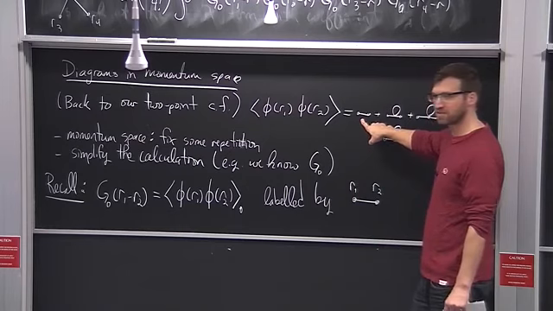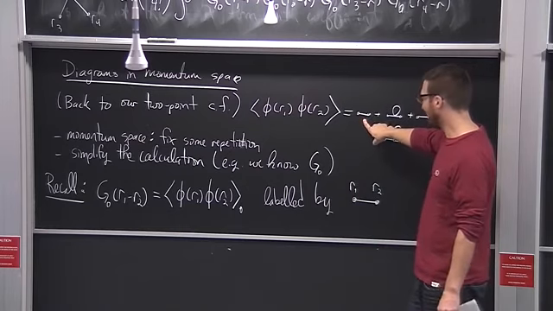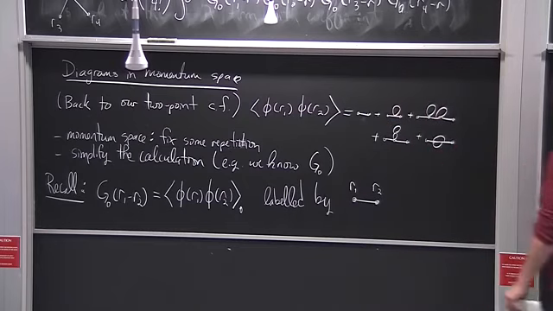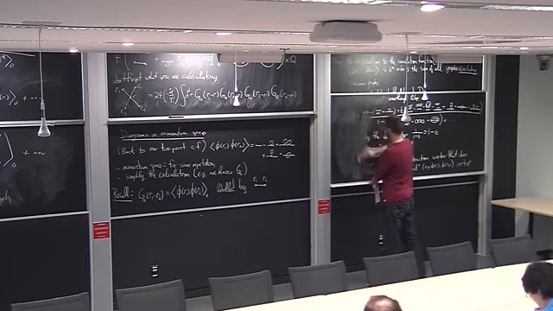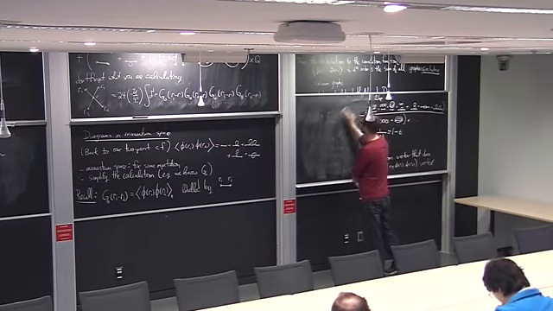That's this thing here. The first diagram, the 0th order contribution, is just this 2-point correlation function. And we've labeled the external vertices by R1 and R2.